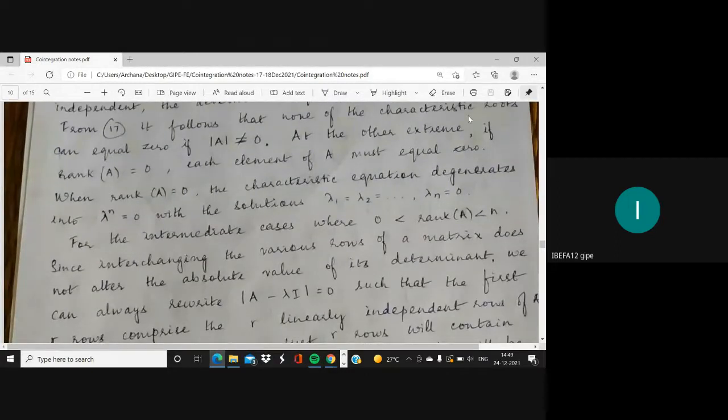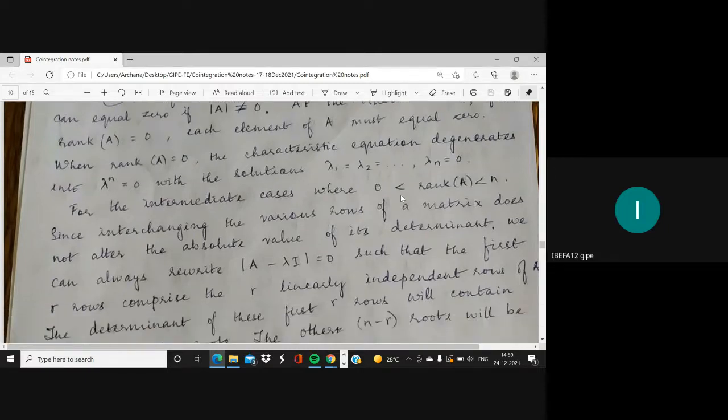So if the rank of A is 0, which means that all the rows or columns are linearly dependent, then the characteristic equation will degenerate into this. The polynomial will basically be equal to 0, and it will have solutions where all the characteristic roots are equal to 0. So that's why the rank of A will be equal to 0 again.